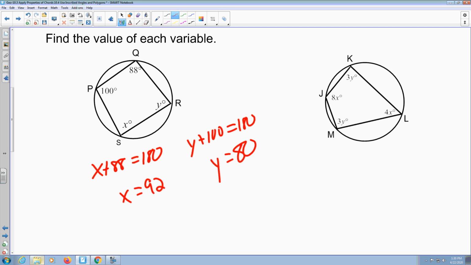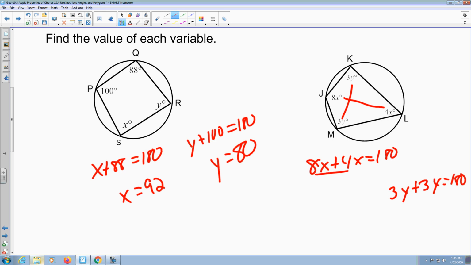I go over here and J and L will be supplementary and K and M are also going to be supplementary. So I could say that 8x plus 4y equals 180. And I could also say that 3y plus 3y is going to be equal to 180. So I just have to solve for the variable, I don't have to solve for the angles.